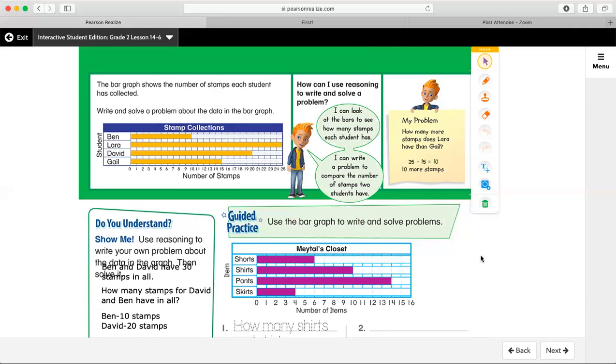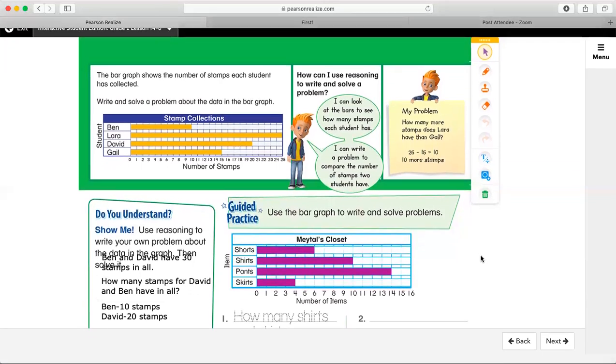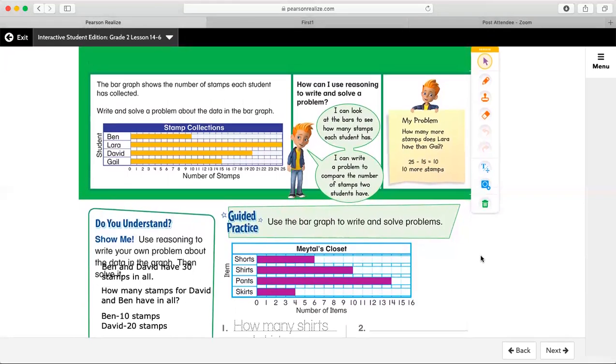Now, again, for whatever reason, when I start a video, I can't scroll down any farther than this. But the first question that they've done for you is how many shirts, and I believe it's skirts. How many shirts and skirts? And if it's not, please just follow the question on the paper.